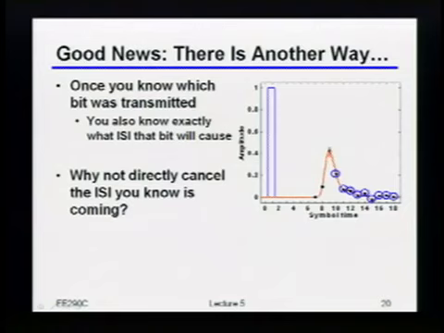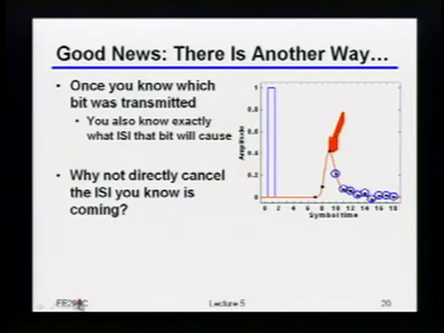Well, if I knew that this was supposed to be a 1, then I actually know what all of the future intersymbol interference will be, as long as I know what the channel is. So if I know what that will be, why don't I just go ahead and, based on me knowing that this was a 1, directly subtract out all of that residual response? Does this make sense to people?